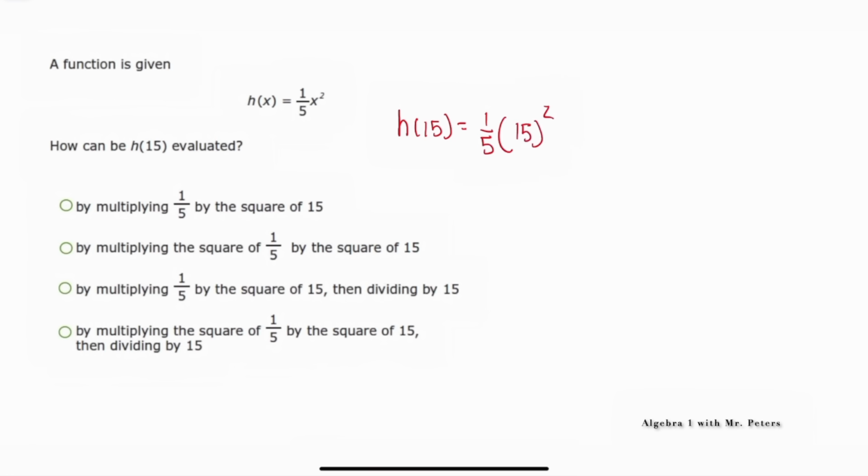So answer choice C and D are gone because there's no dividing going on, and we're not squaring 1, 5. What we're doing is we're going to square 15 and then multiply that by 1 over 5. So the correct answer choice should be A. Just be mindful of the word choice and how they try to trick you with these type of problems.